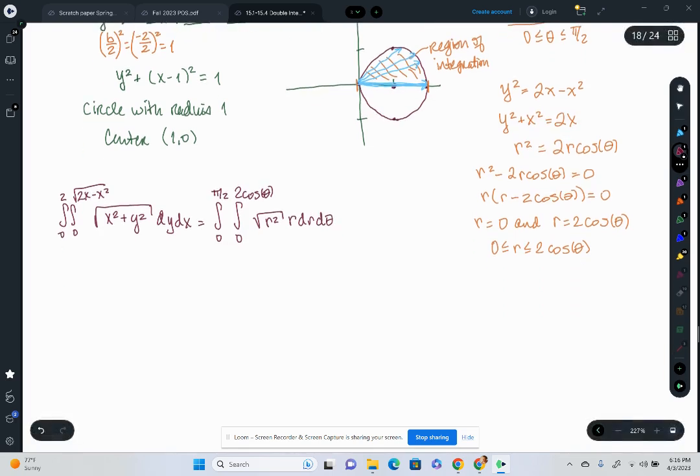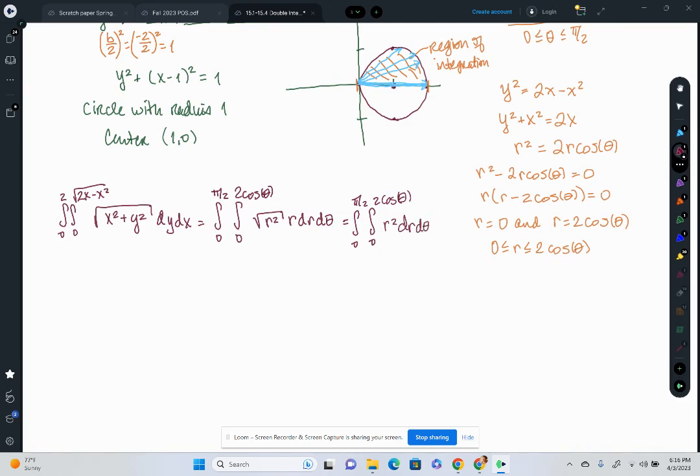So that doesn't look too bad to integrate. Of course, the square root of r squared is just r. And so I have here the integral from 0 to pi halves, the integral from 0 to 2 cosine of theta, of r squared in total for our integrand, dr d theta.